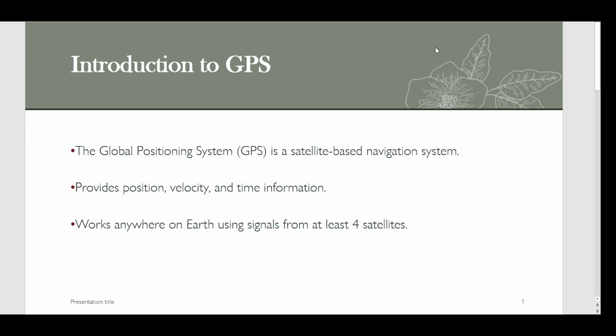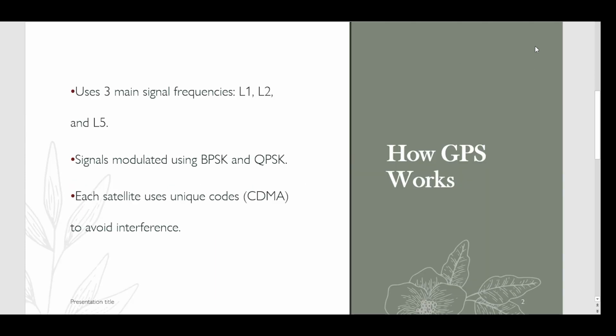Introduction to GPS. The Global Positioning System, or GPS, is a satellite-based navigation system that provides users with position, velocity, and time anywhere on Earth by using signals from at least 4 satellites. How GPS works. GPS signals are transmitted on L1, L2, and L5 frequencies and use modulation like BPSK or QPSK. Each satellite sends unique codes so signals don't interfere, using a method called CDMA.